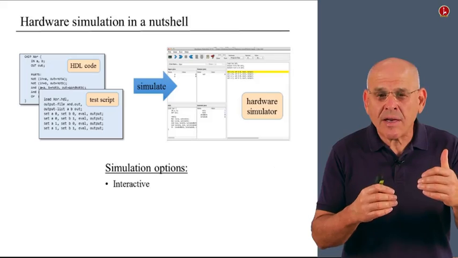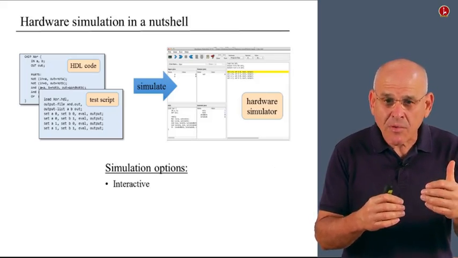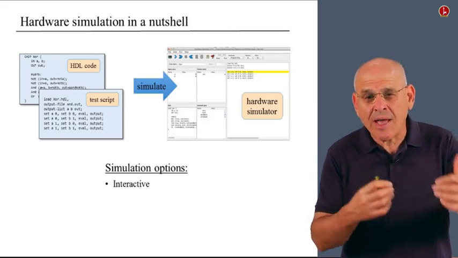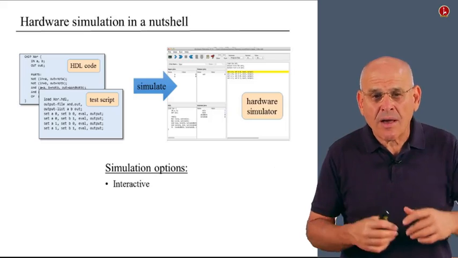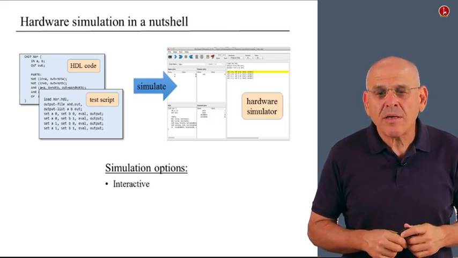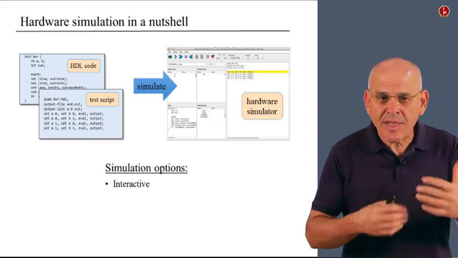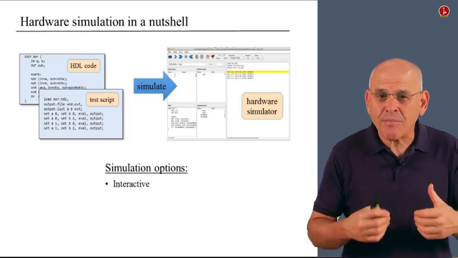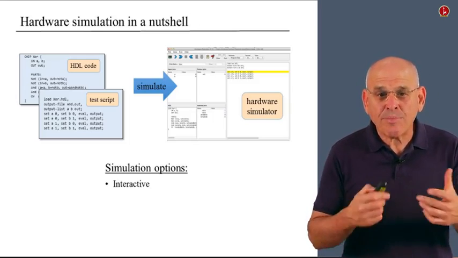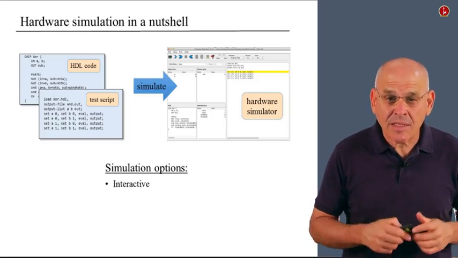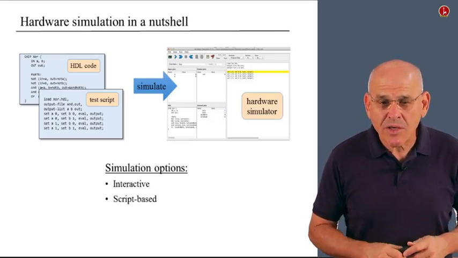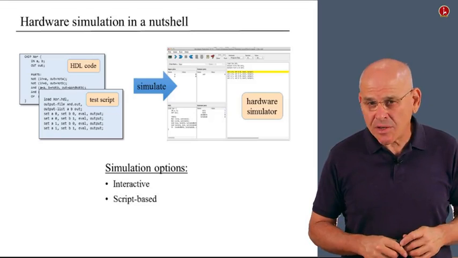We write it in what is called a test script, and then we load two separate files into the simulator. We load the HDL code, we load the test script, and then we send the simulator to work. The simulator goes through every step in the test script and subjects the HDL code to the specified tests in this supplied script. We call this mode of operation script-based simulation.